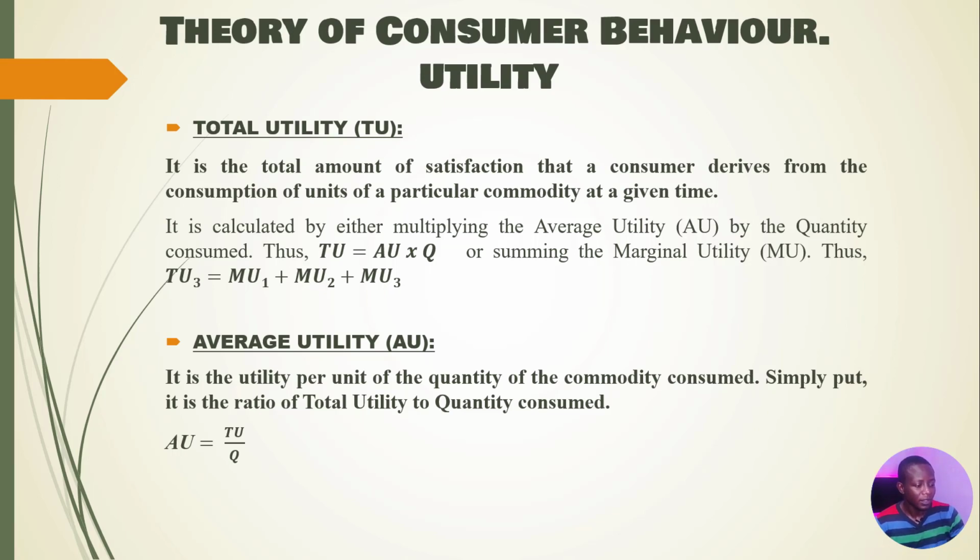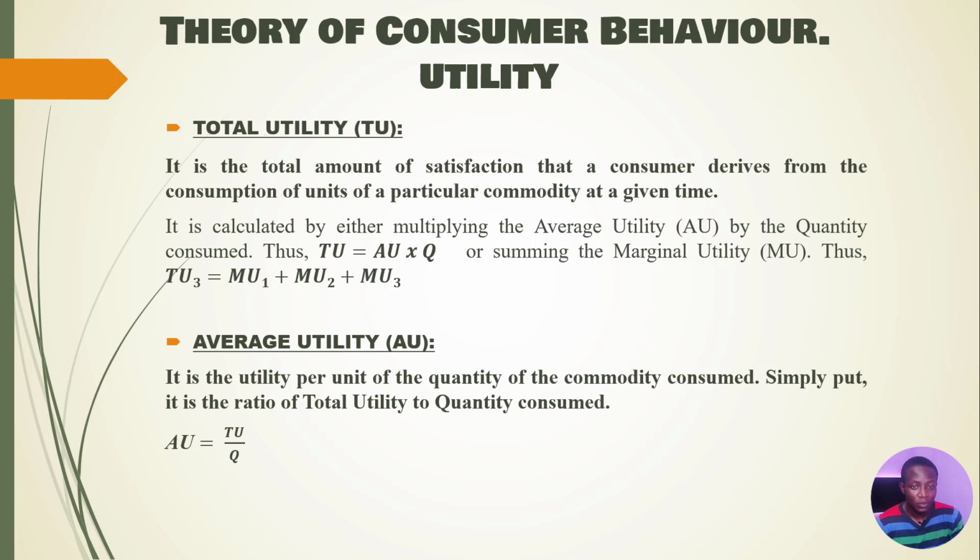So the next one is average utility. Average utility is the utility per unit of the quantity of the commodity consumed. In our water example, if you consume 5 bottles of water and you had a total utility of, say, 20, what will the average utility be?